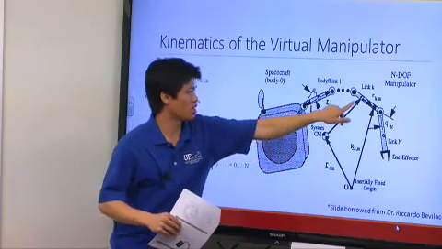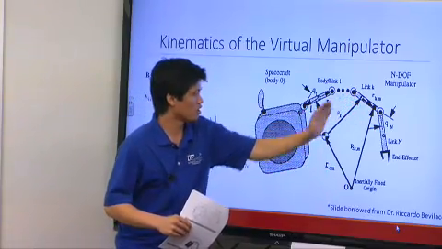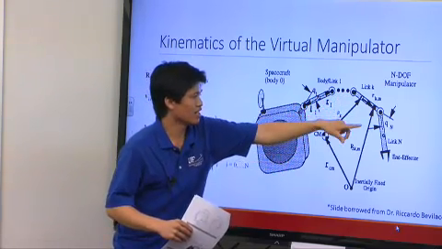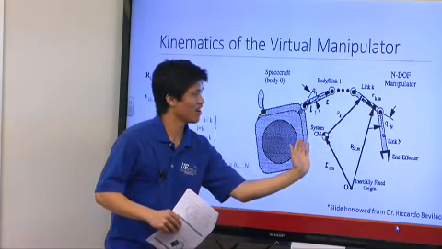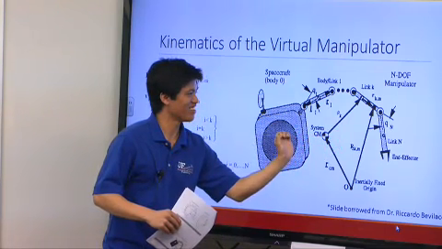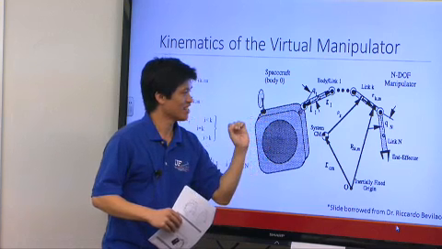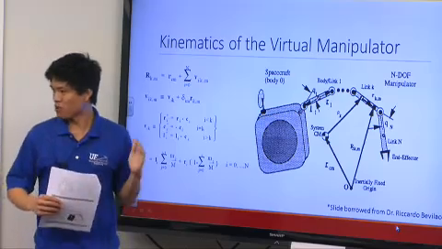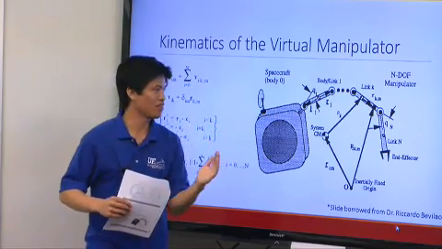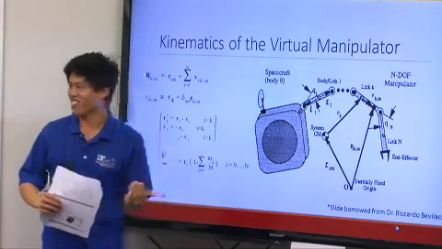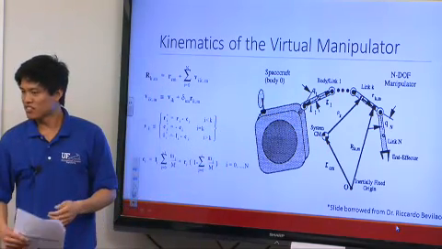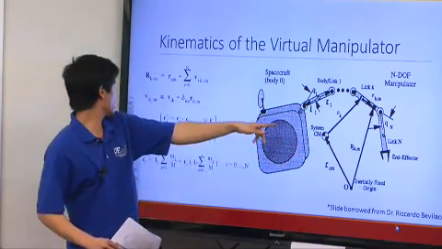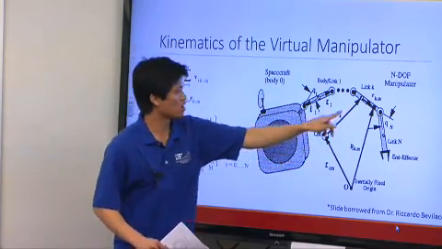They're on the body of the link, but they're not at the same time. If you start from the first one, from the center of mass, this is rho K, RCM.